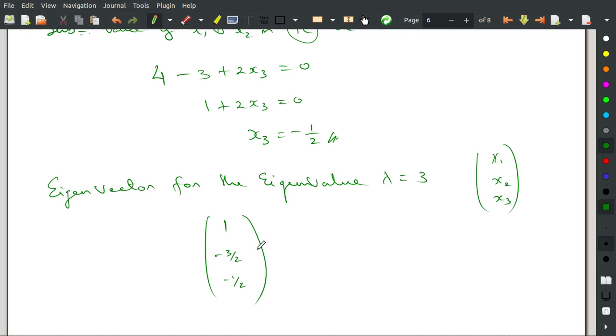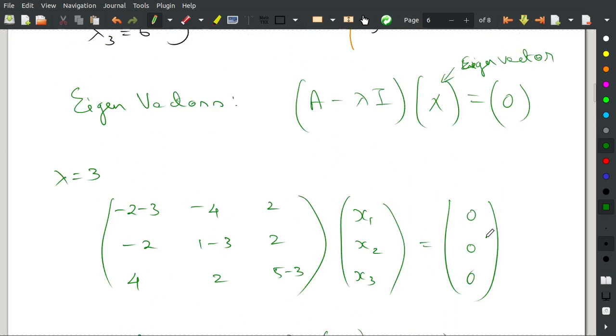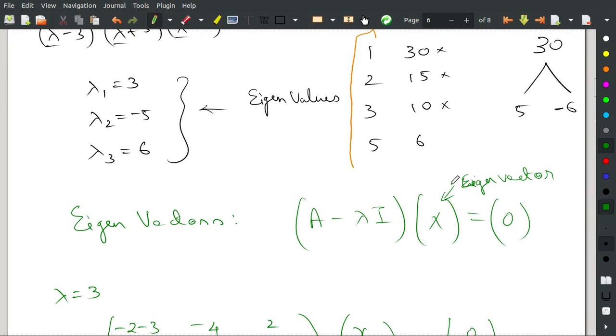So this is the eigenvector for the eigenvalue lambda equals 3. Similarly, you have to find the eigenvectors for the eigenvalues lambda equals minus 5 and lambda equals 6.